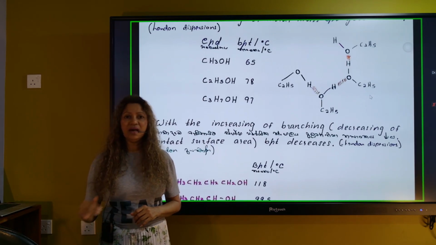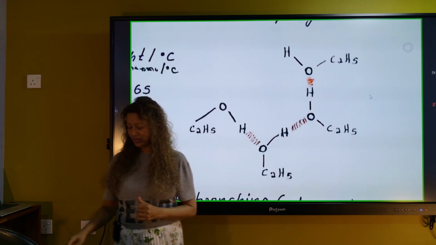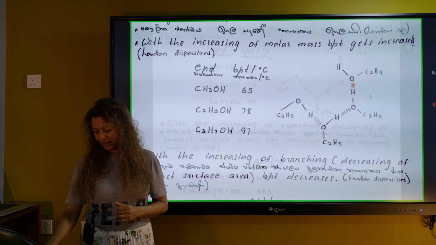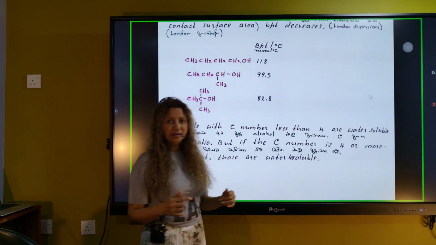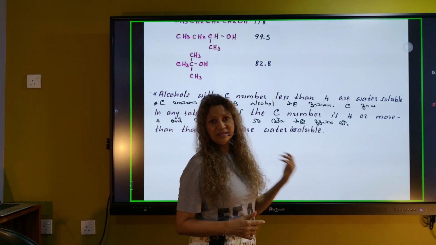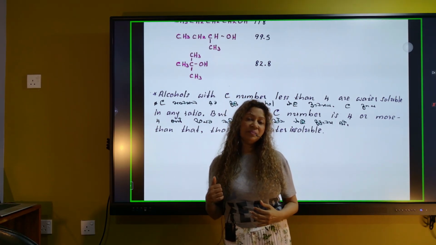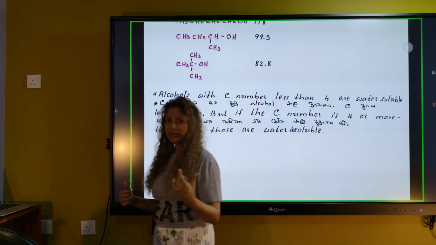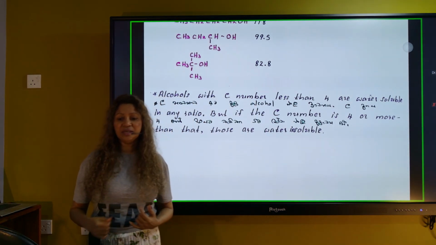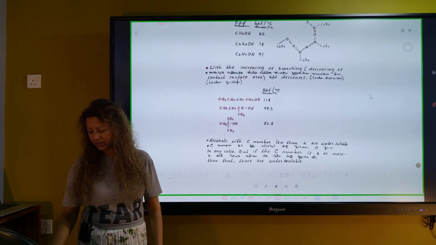They can make hydrogen bonds with other molecules of the same kind. For water solubility, when the carbon number is less than 4, alcohols are water soluble, but above 4, with the repelling of the carbon chain, alcohols are water insoluble.